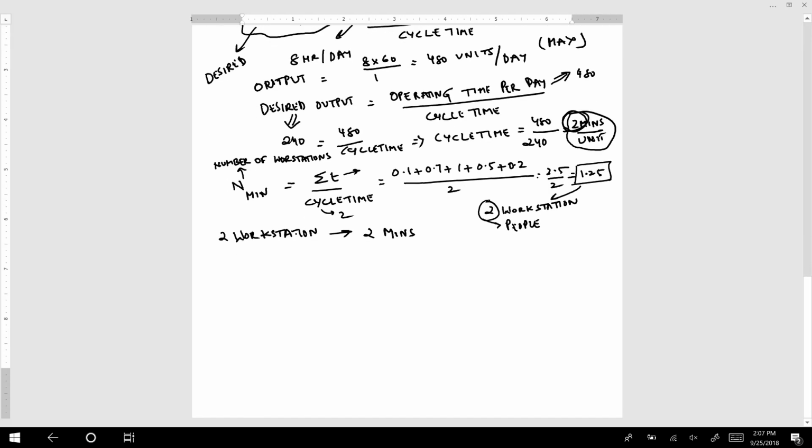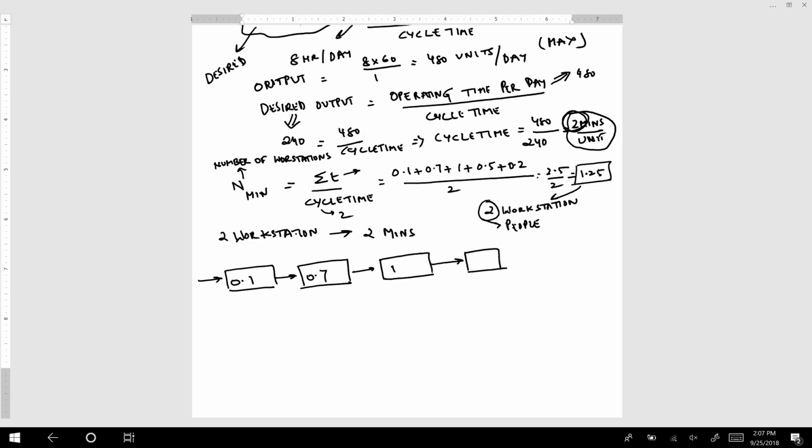So now again I will draw the same diagram and try to assign. So I have 0.1. Now I won't write minutes next to it. This takes 0.7, and then this takes 1 minute, and then this takes 0.5 minutes, and then this takes 0.2 minutes.